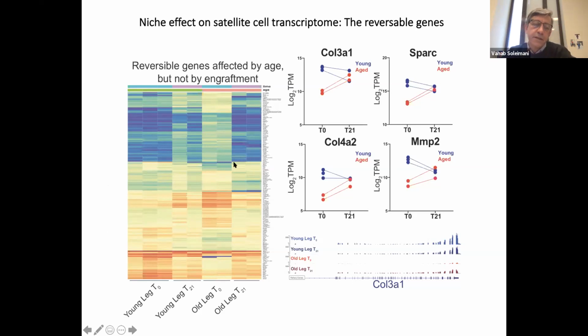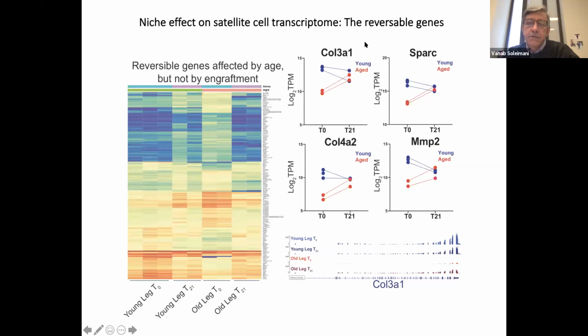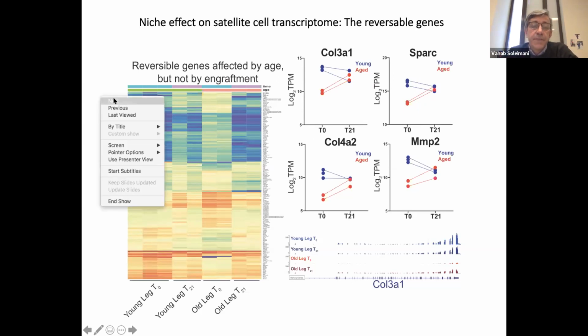Remember, we're modeling the noise out. So this is great. We see a lot of genes that we can restore back to the original level. These are just a few examples: COL3A, collagen, SPARC, for example, COL4A2, and MMP2, whether genes are going up or down. There are some genes that follow this pattern, that you can restore back to their original state.